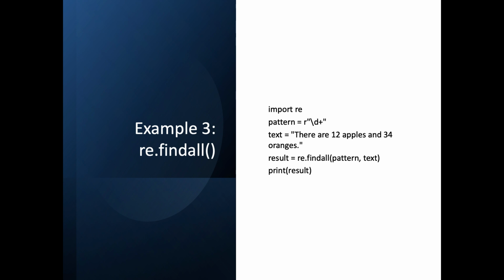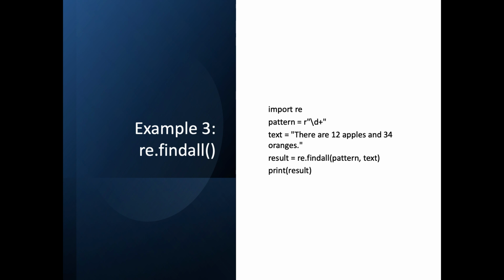And in this particular example of the r letter preceding the pattern string of \d+, here the \d is interpreted as a literal backslash followed by d, which is a metacharacter in regex representing any digit. As for the plus character, this means one or more of the preceding element. So this full regex pattern matches one or more digits.